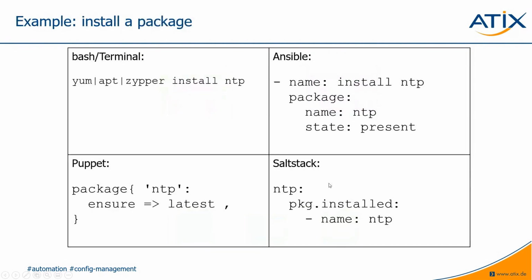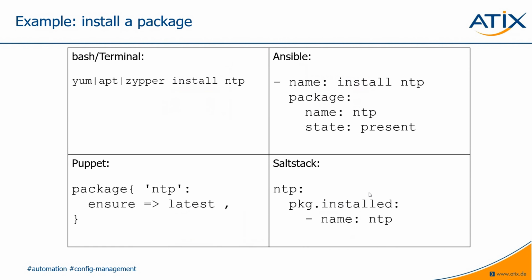So if we now look at an example of a very simple thing, how to install a new package. If I use the manual way, I use the package manager of my operating system, like yum, apt, zypper, to install, in this case, NTP.